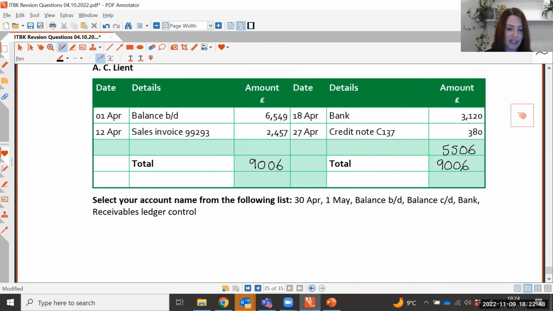Yes, the 30th of April. That'll be the 30th of April. And what would we enter into the details? The balance carried down. Good.